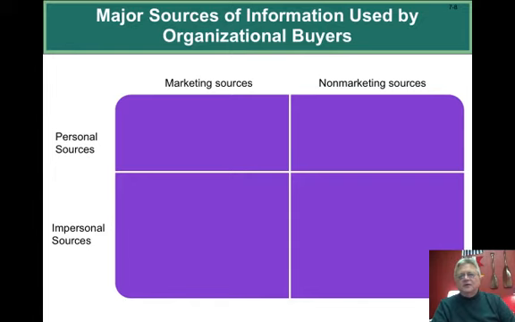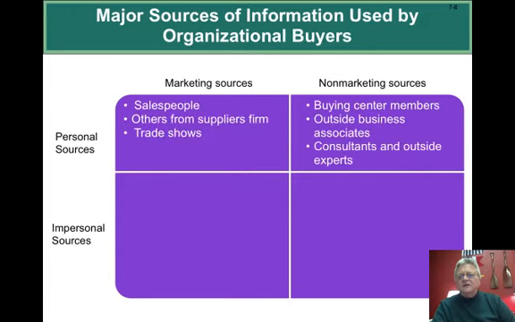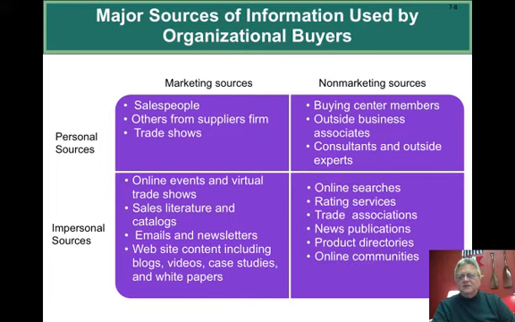Organizational buyers use both marketing and non-marketing sources of information, and they also use personal sources and impersonal sources. This graphic shows some examples of what we're talking about here. An organizational buyer that relies on a sales rep, for instance, is using a marketing resource of a personal nature.